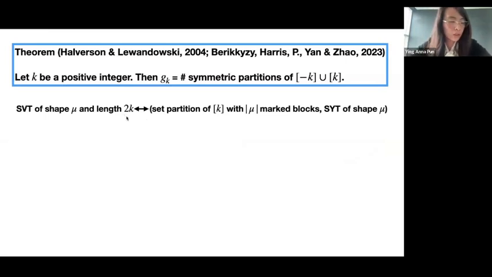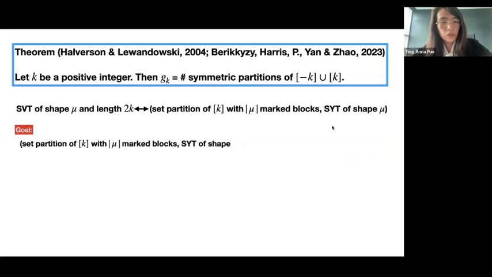So to let you know how this proof is constructed, actually it's really similar to what we have, because the goal is to start with the simplified vacillating tableau of these shapes and length, and map to these sets, right? So remember, any SVT by the bijection, you can map it to a pair by the previous proof.